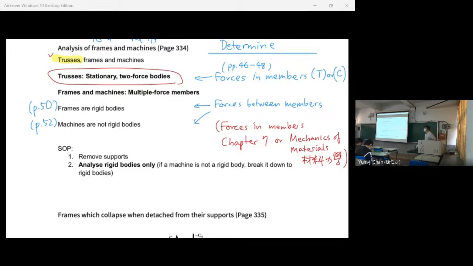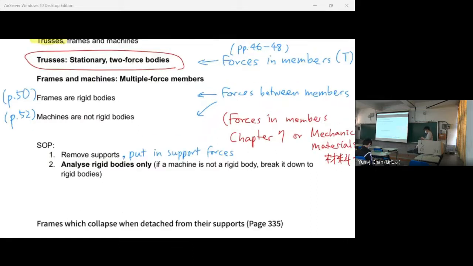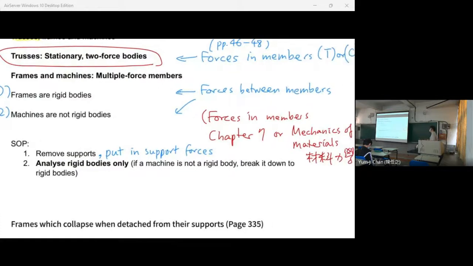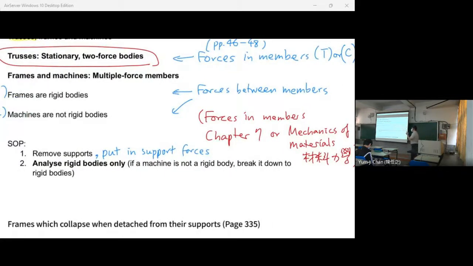Now, for the standard procedure, the SOP, of course we remove supports and put in support reactions. But there is one thing.